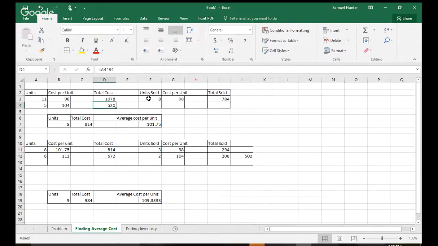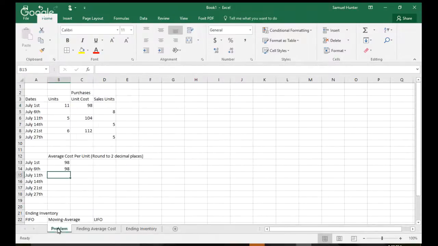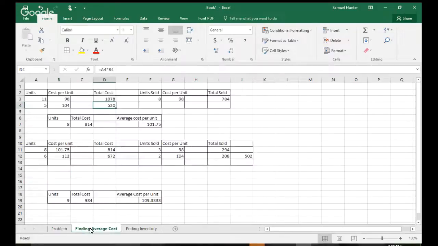And on the 6th, we made that sale of 8 units at a cost per unit of 98, which was 784. So the total cost that we're at is 1,078 plus 520 minus 784, which is a total cost of 814.